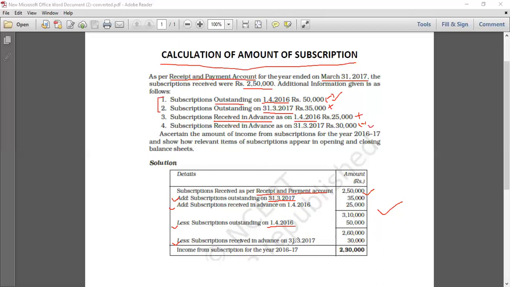After these additions and deductions, the total comes to 2,30,000. This is the exact amount that is required to be shown in the income and expenditure account for the year 2016-17. So this is what we need to understand with respect to this topic.